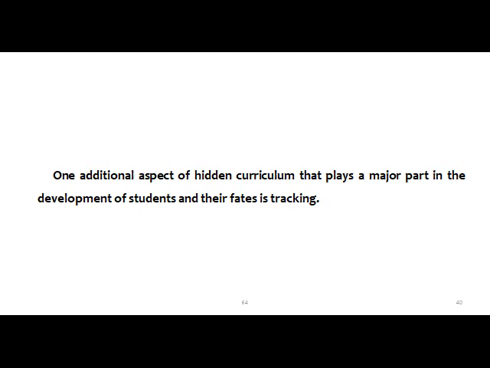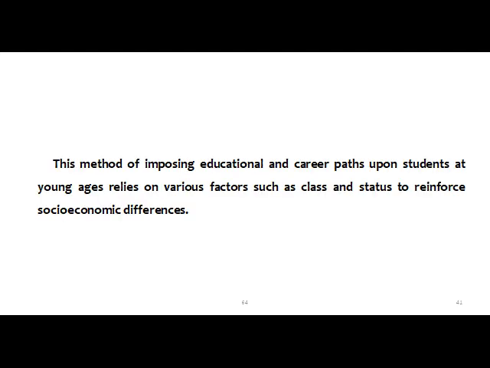One additional aspect of hidden curriculum that plays a major part in the development of students and their fates is tracking. This method of imposing educational and career paths upon students at young ages relies on various factors such as class and status to reinforce socioeconomic differences.